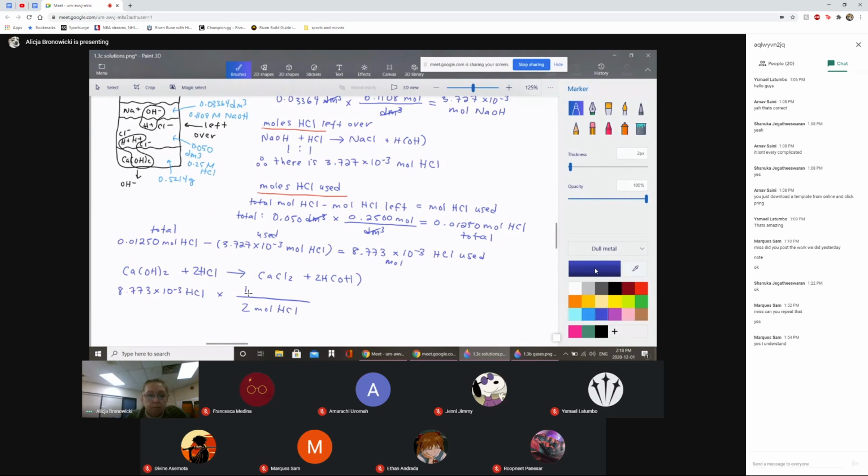So that's how many moles I have of calcium hydroxide. And I think I'm going to stop there because it is 219.